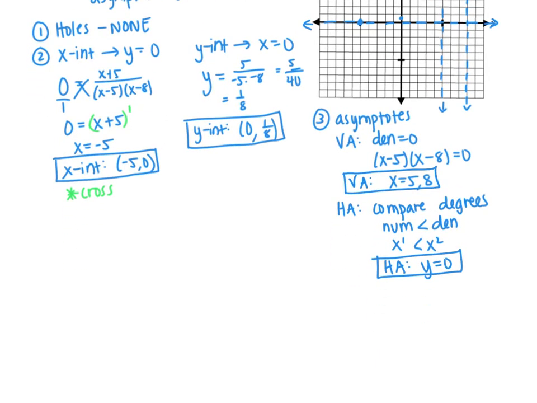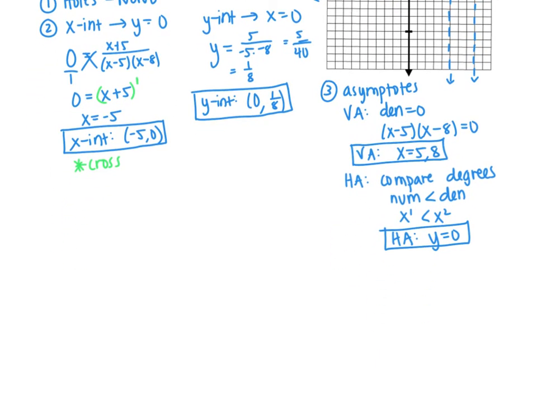Last step before we finish the graph. We do need to check, do we cross the horizontal asymptote? So we will set that horizontal asymptote equal to our equation. If we are paying attention, we should notice we already solved this equation.